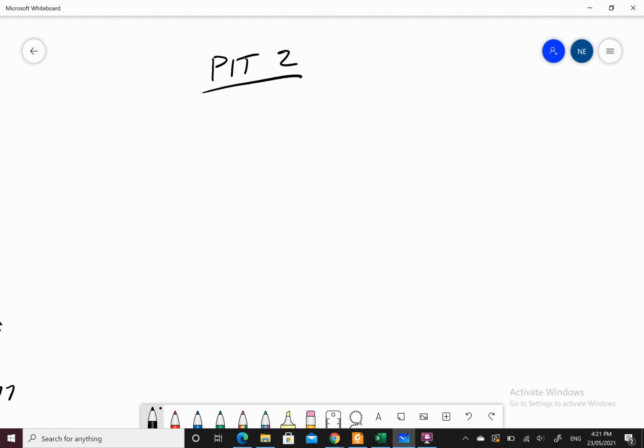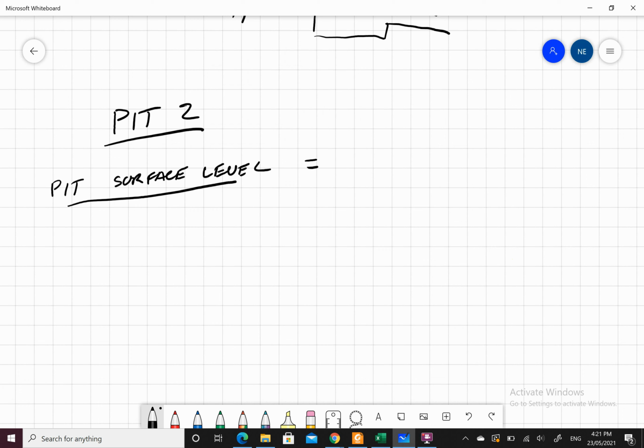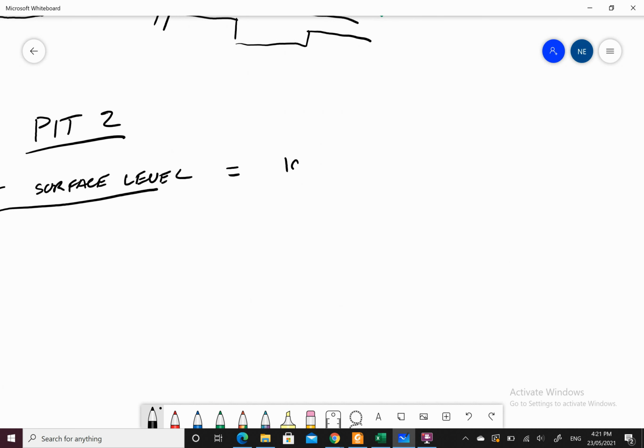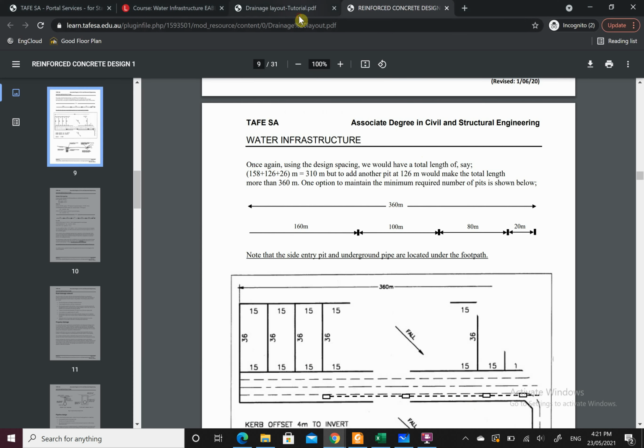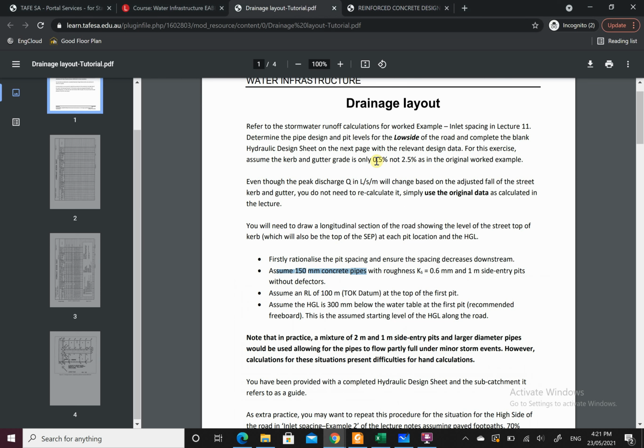Pit 2. All right, so my surface level is equal to, well, my pit 1 had my RL of 100. We've got obviously a slope in our channel. All right, if it's dead flat, no water's going to move. Our slope is 0.5%.